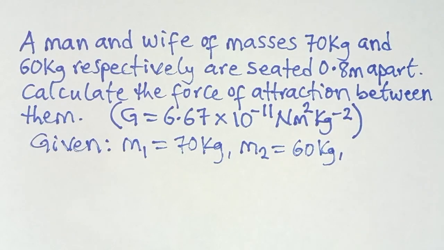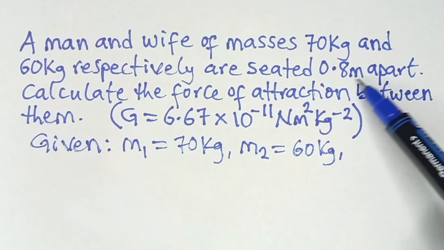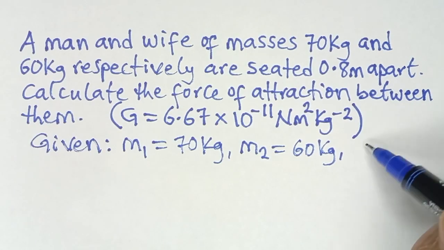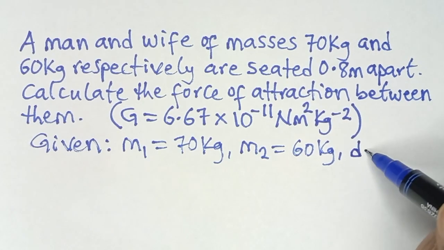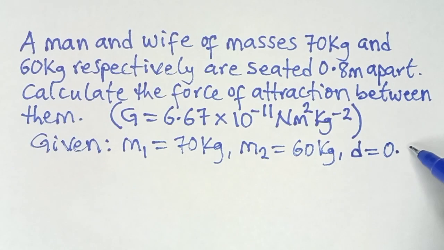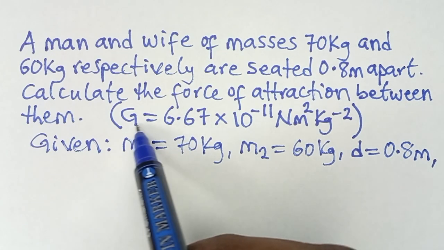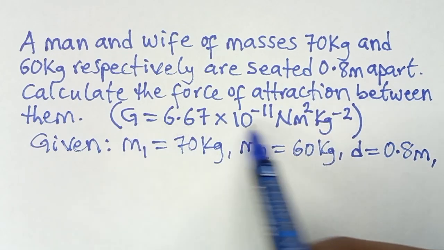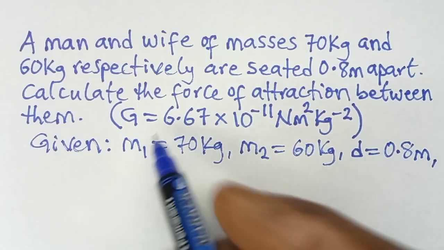And then we are given their distance apart. So let me write that as D. Distance apart is 0.8 meter. That's their distance apart. And then we are given the universal gravitational constant.